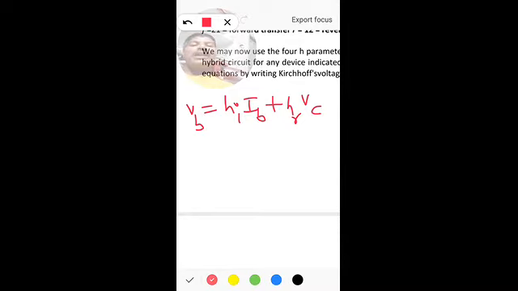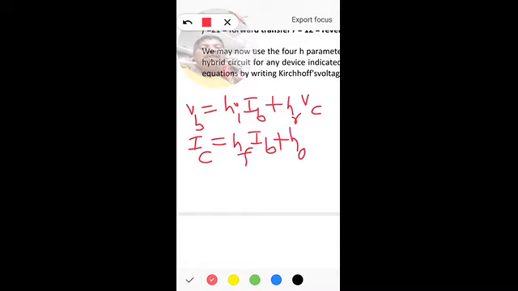Similarly, we can write the equation for output current. I2, which is IC, is equal to H21, which is HF, times I1, that is IB, plus H22, which is H0, times V2, which is VC.